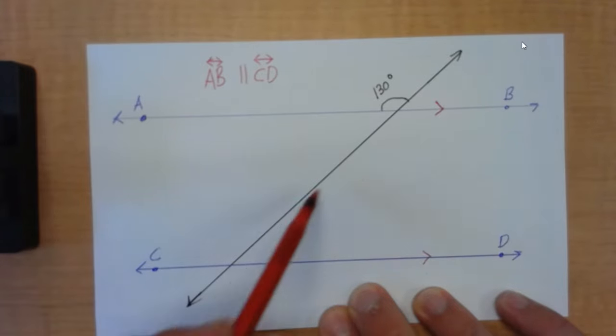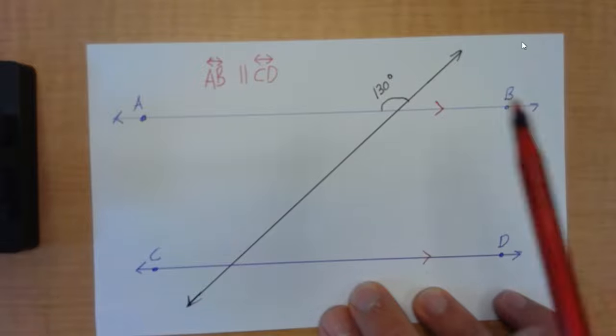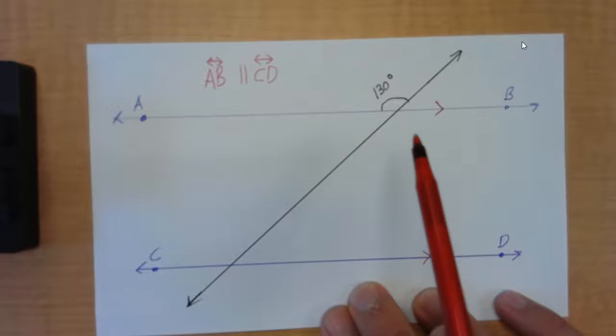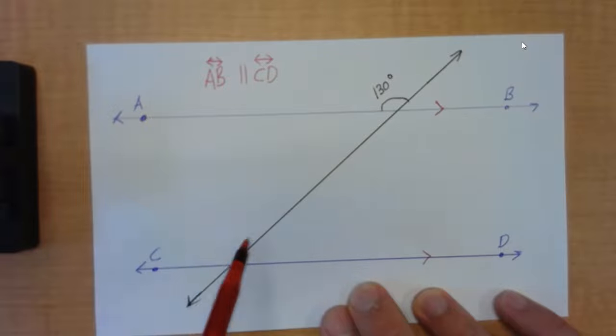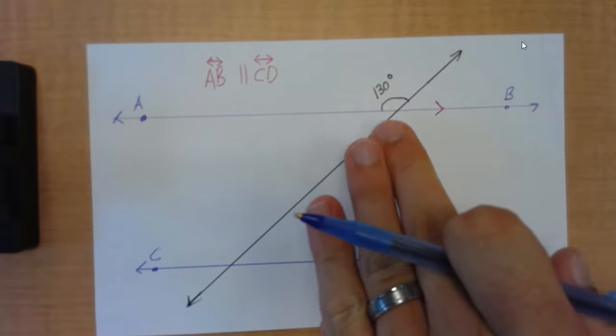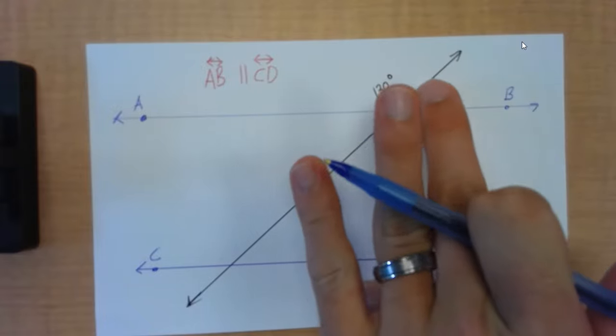Here's our transversal line. Believe it or not, if we know one angle that's made by the transversal, we can figure out all of the other angles that the transversal has made. So let's talk about this interesting relationship. First of all, I see two supplementary angles.